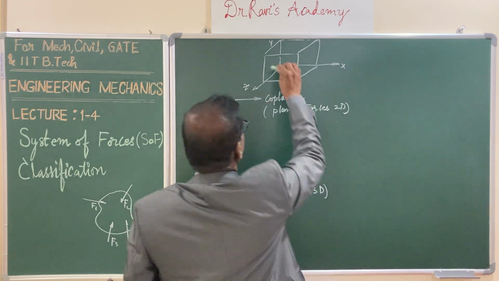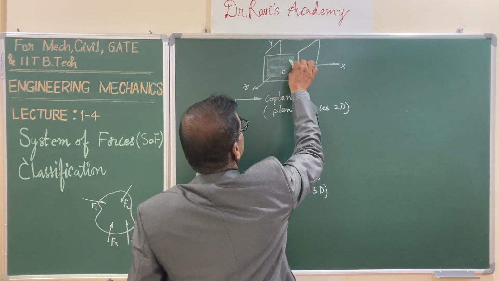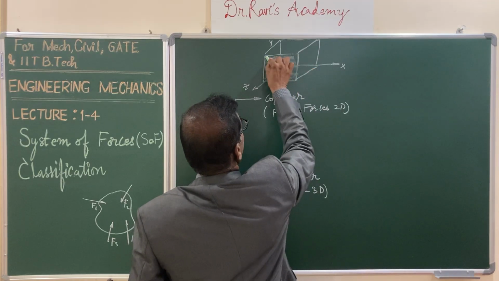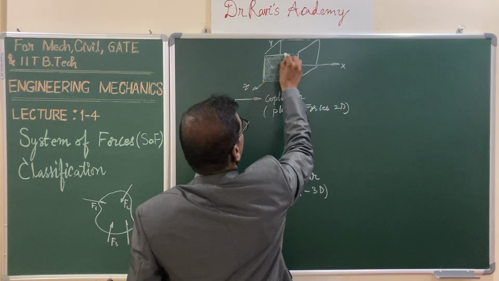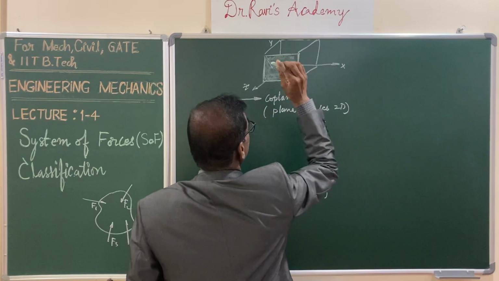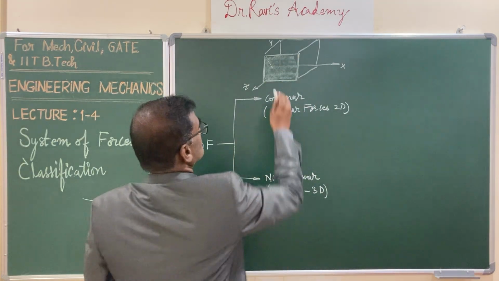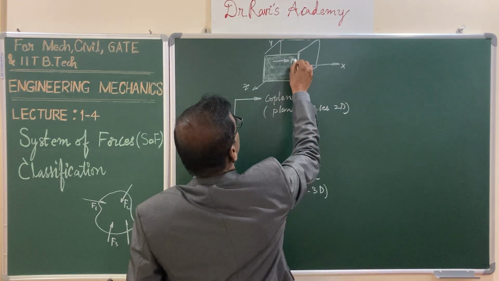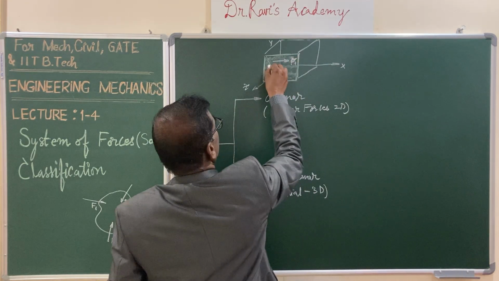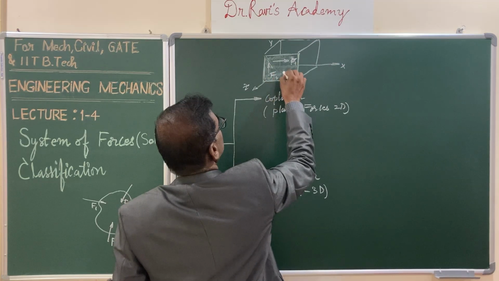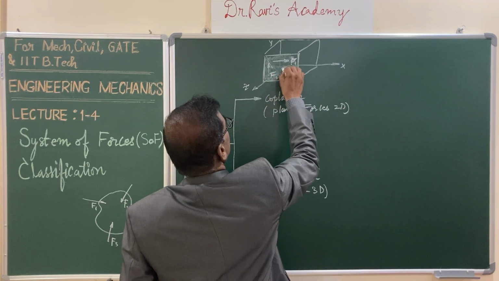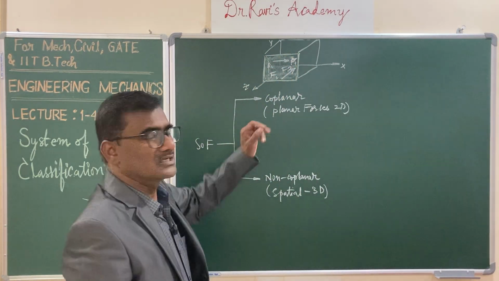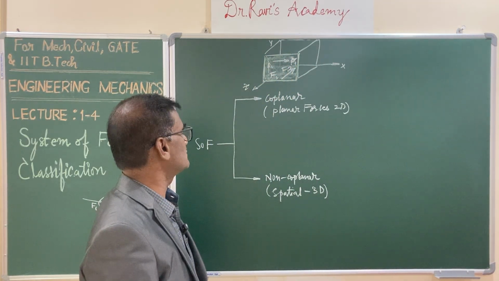This is my plane of reference, and all the forces are lying in this particular plane only. Then it is said to be a coplanar system of forces. Let us consider F1 is horizontal, F2 is vertical, F3 is inclined, and all three are lying in a single plane. That constitutes a coplanar system of forces.